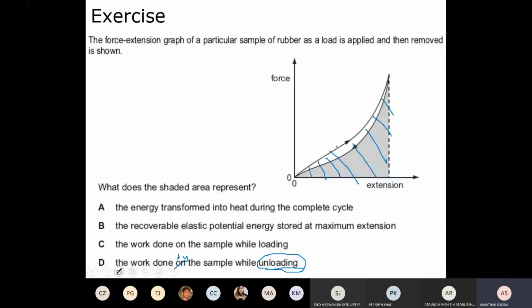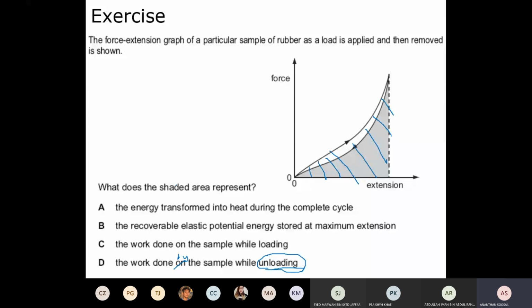So how do you know when it is on the sample? If you do work on the sample, it means the sample must gain potential energy. When you stretch it, it's work done on the sample. So D cannot be the answer.